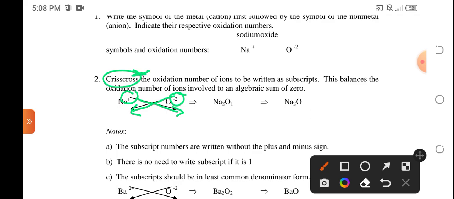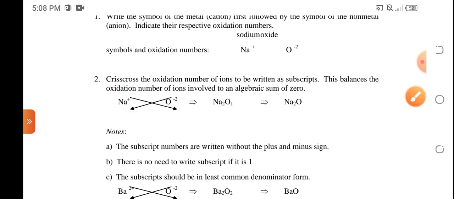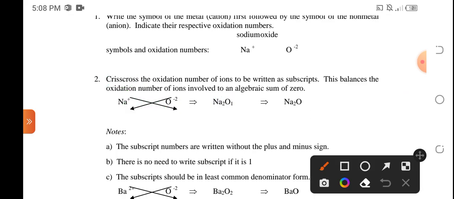Crisscrossing ang tawag dyan. At once na crisscross na, hindi na natin sila isusulat dito na charge. Okay? So, since kanina, ang charge ng sodium ay 1, so pupunta siya as a subscript. Pag sinabi nating subscript, this is the small number written after the symbol. Okay? So the charge of sodium will then become the subscript of oxygen. So crisscross lang yan. So ito na yung 1.